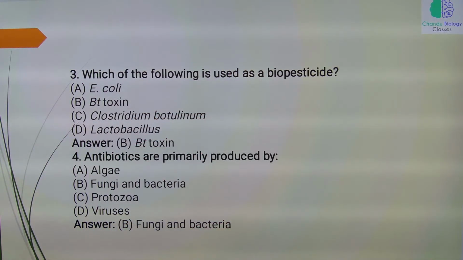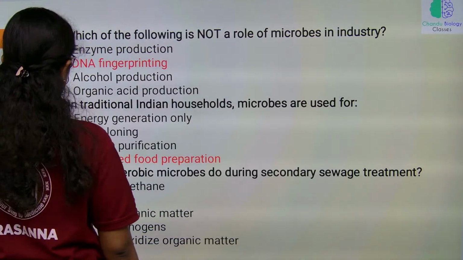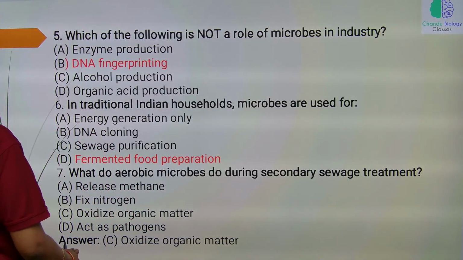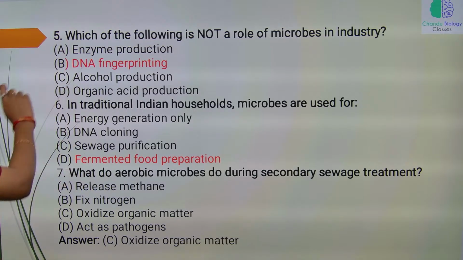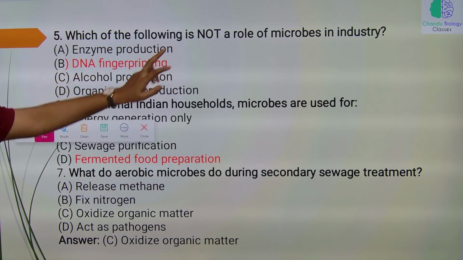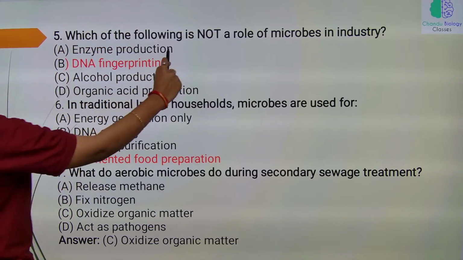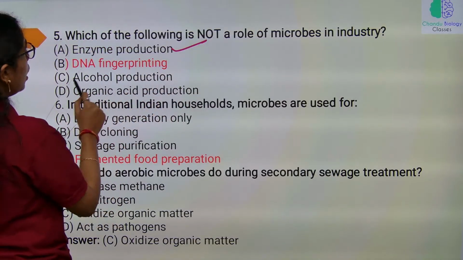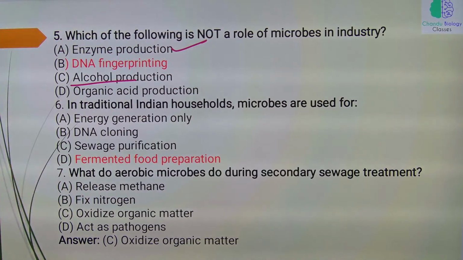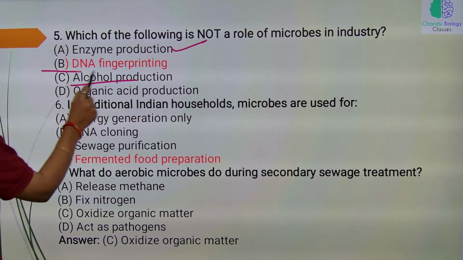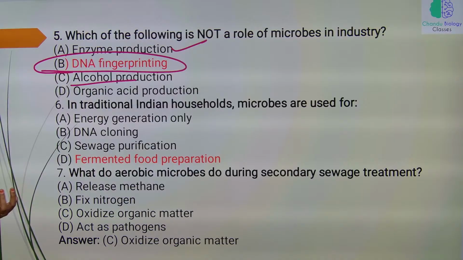Next. So, here the answer is clear, evident actually. Which of the following is not a role of microbes in industry? Okay, we have learnt all this: enzyme production, microbes play a huge role, alcohol production, organic acid production, but there is no role of microbes in DNA fingerprinting.